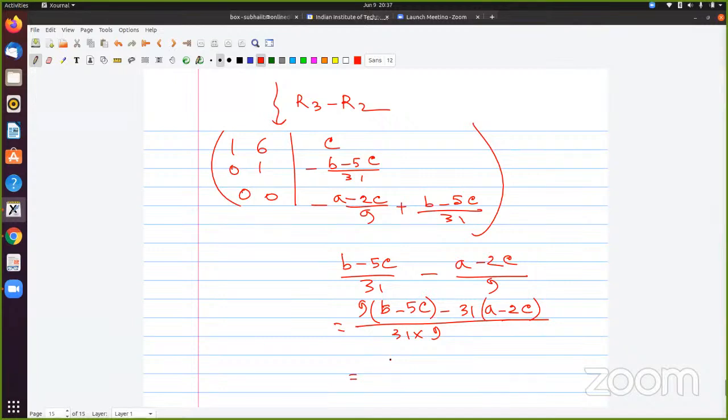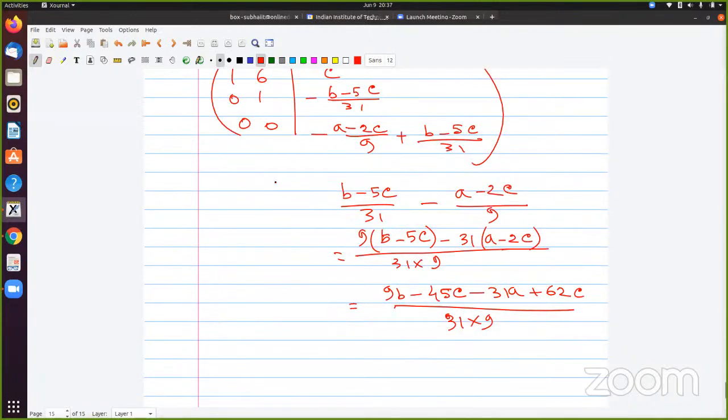Why? Because we have 0, 0 on the third row. Basically 31 comma 9, and it has to be equal to 0, right?